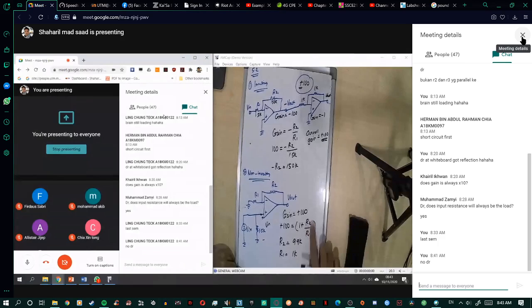So 99k divided by 1k is 99, plus 1, then you get 100. So when you draw the circuit, this is 99k and this one is 1k. Now when you use the non-inverting, yes, you can get positive 100.